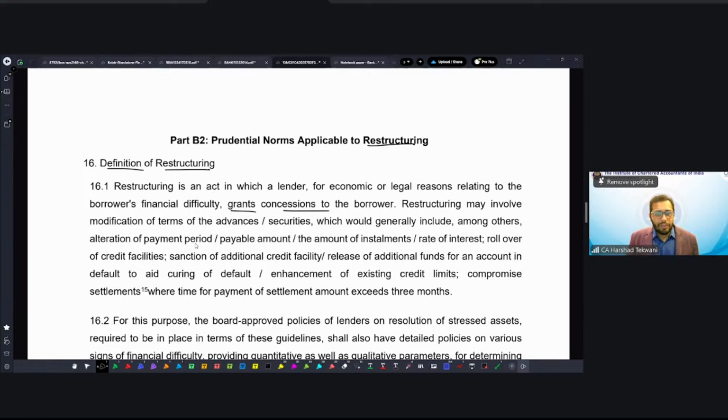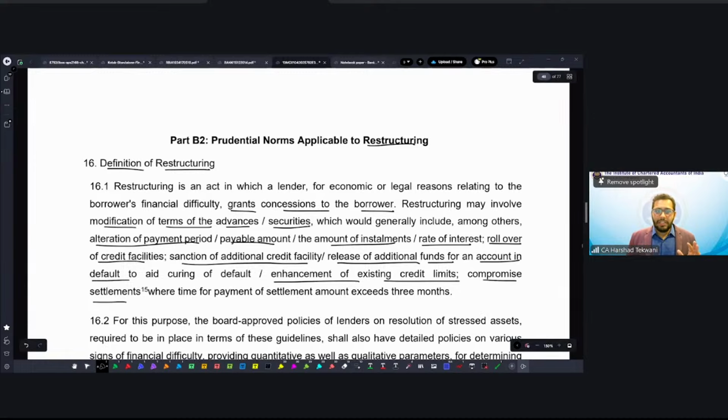It may include modification of terms of advances, securities, or alteration of payment period, payable amount, amount of installment, rate of interest, rollover of the credit facilities, or sanction of additional credit facilities, release of additional funds for an account in default, enhancement of existing credit limits, compromise, settlement, all these things. So this is the definition of restructuring.